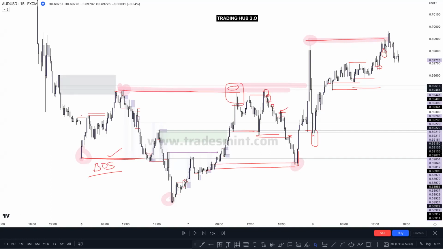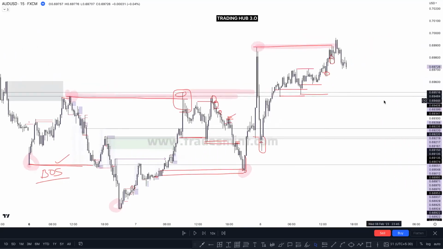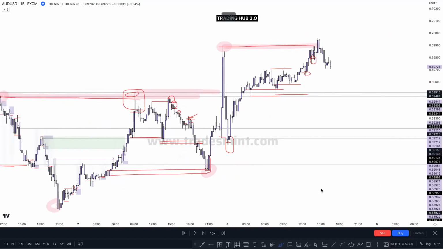But as a day trader, you don't need to check different time frames. You have to just focus on your time frame, and simply you can find daily trades. This is a very simple process. You can also apply it on the 4-hour, 15-minute, or 1-hour time frame, as you like.